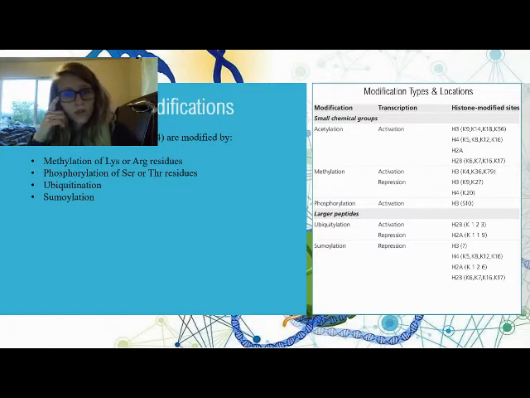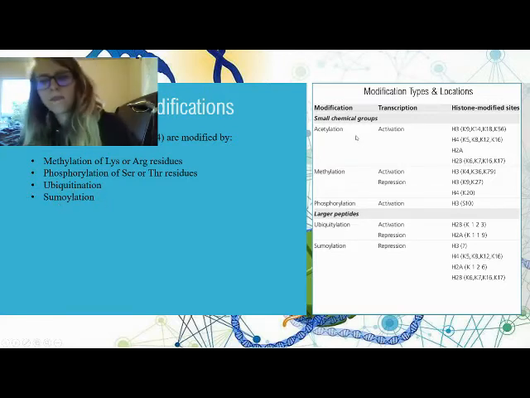So, histone modification. If you don't remember, the core histones H2A, H2B, H3, H4 are modified by methylation of lysine or arginine residues, or phosphorylation of serine or threonine residues, ubiquitination or sumoylation.